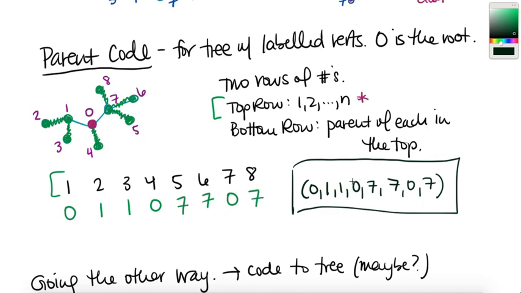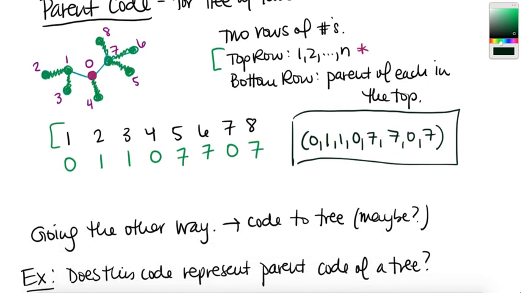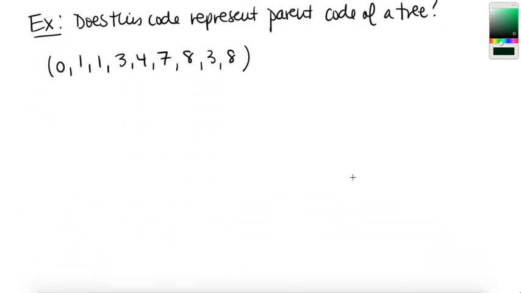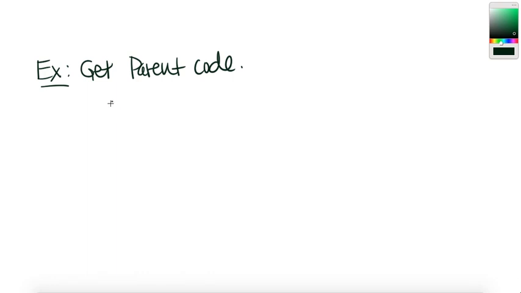All right. Let's talk about, we'll come back to this example. Let's do another example where we get the parent code. Okay, get the parent code. I'm just going to draw a tree.